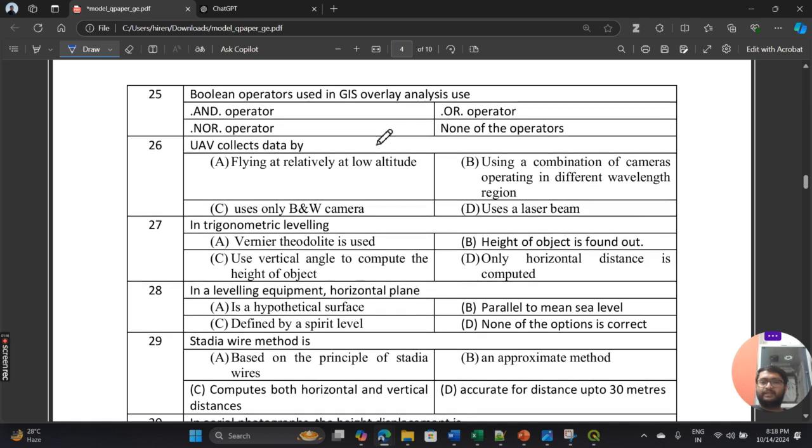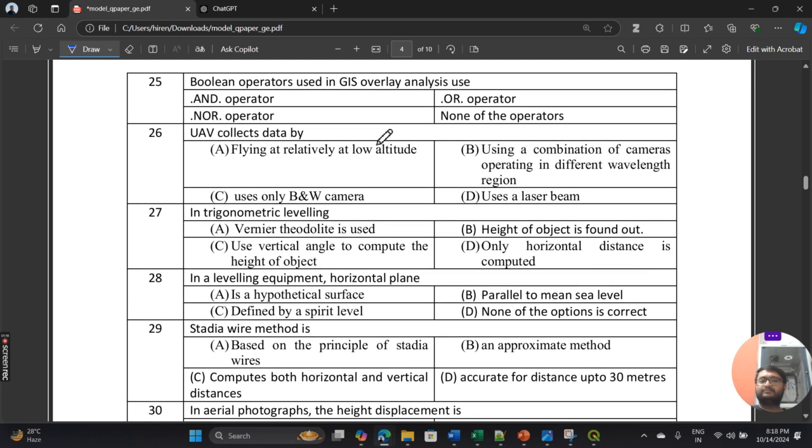Then the next one: UAV collects data by flying at relatively lower altitude using a combination of cameras operating in different wavelength regions; uses a laser beam; uses only a black and white camera. So this is not true. It might be at different altitudes, it depends on what kind of UAV you are using.